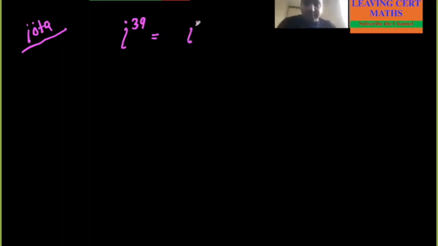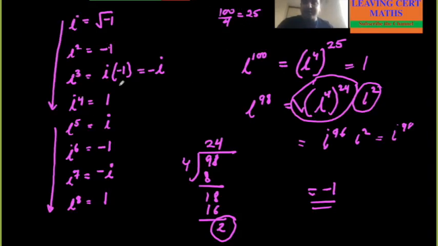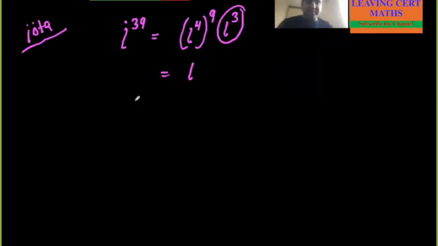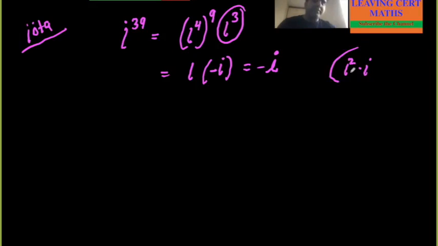So i to the power 4 to the power 9, and the remainder is 3, i cube. This gives you 1, and i cube is minus i. Suppose you forgot i cube, then start from i square multiplied by i, which is minus 1 times i, so it is minus i.